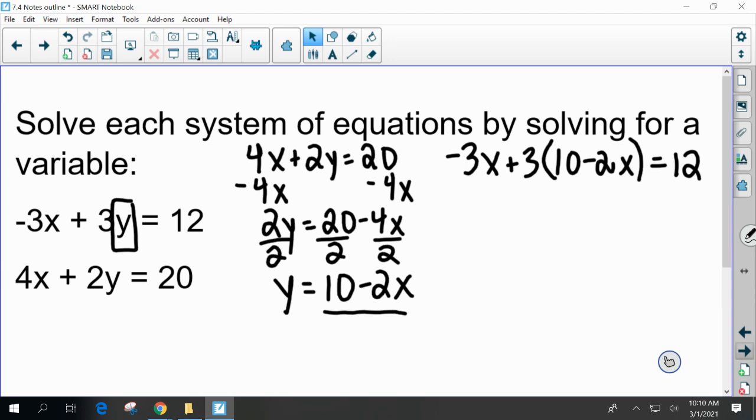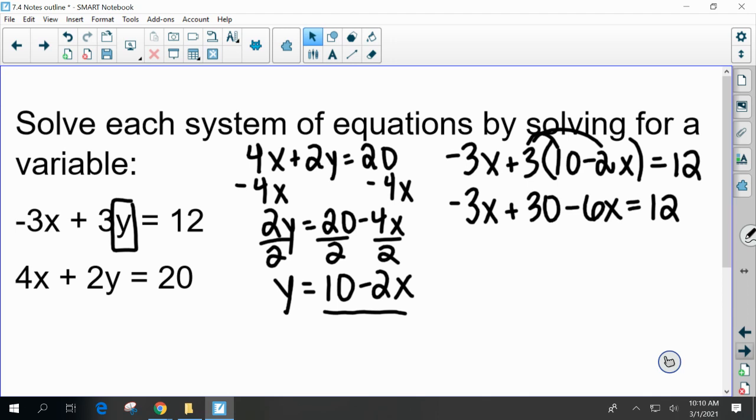What I would do now is distribute. I'm going to carry down the negative 3x and distribute the 3. So 3 times 10 is 30, and 3 times negative 2x is negative 6x, equals 12. Then I need to combine like terms.